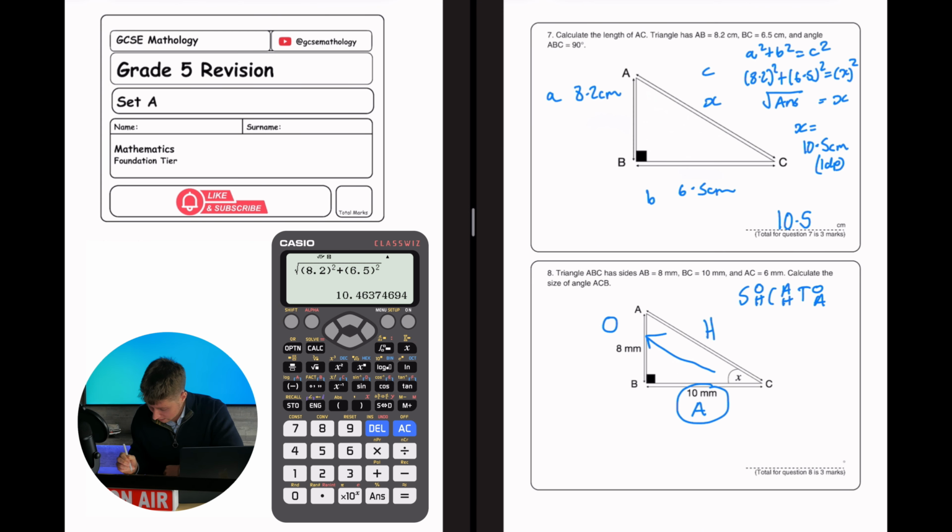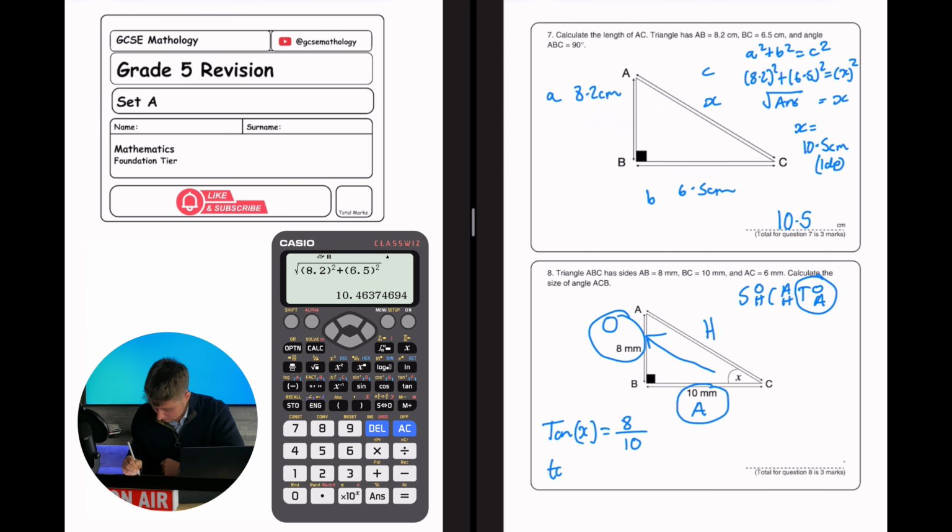So we look to see what we've been given. We've been given A and we've been given O. So this corresponds to TOA. So it's tan, followed by the angle in the question, which is x, and this is equal to O, which is 8, divided by A, which is 10. So to get x, or detach the trigonometric function from the angle, we do the inverse tan.